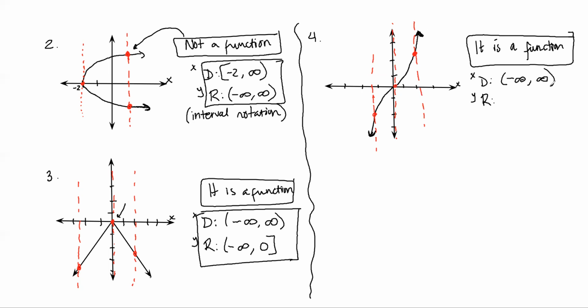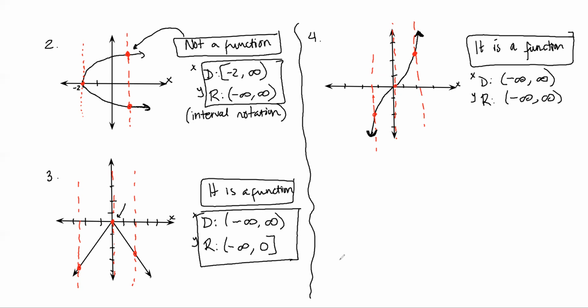And now for our range, this is going to go down forever, and it's also going to go up forever, which means our range is also negative infinity to positive infinity. So that means that every single y value occurs at least once on this graph, as does every single x value. It might take a while to cover all of the x values, but it'll eventually happen because this is going to go forever in both directions.